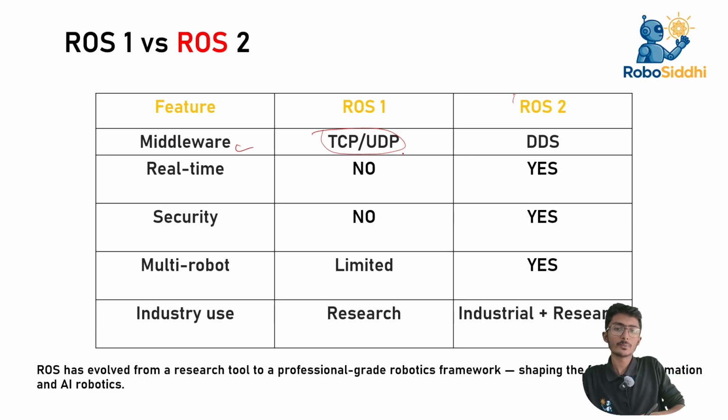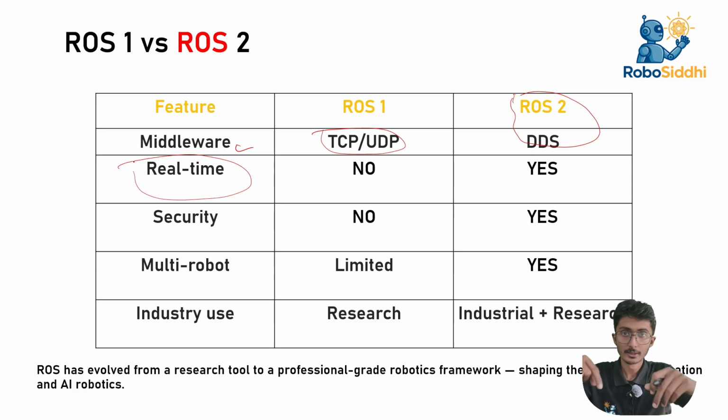TCP/UDP is a communication protocol, and ROS 2 is using DDS, which is more modern and has some real-time advantages over TCP and UDP. Then real-time, which means it can operate in real time and do multiple tasks. ROS 1 lacked such capability while ROS 2 has it.